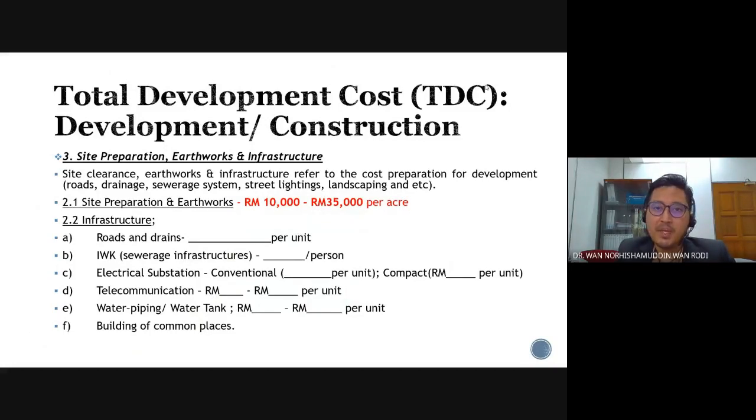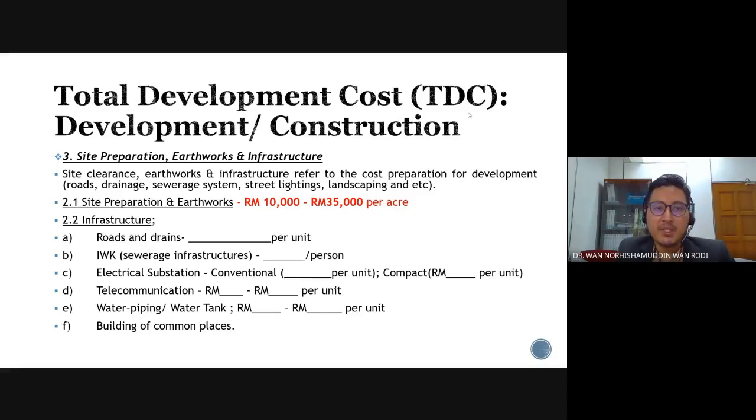Once you have paid for all the contributions to the authorities and preliminaries, you will start with your site preparation cost. Site preparation includes the site clearance, work and infrastructure, whereby it is a cost involved when you are preparing the site for development.